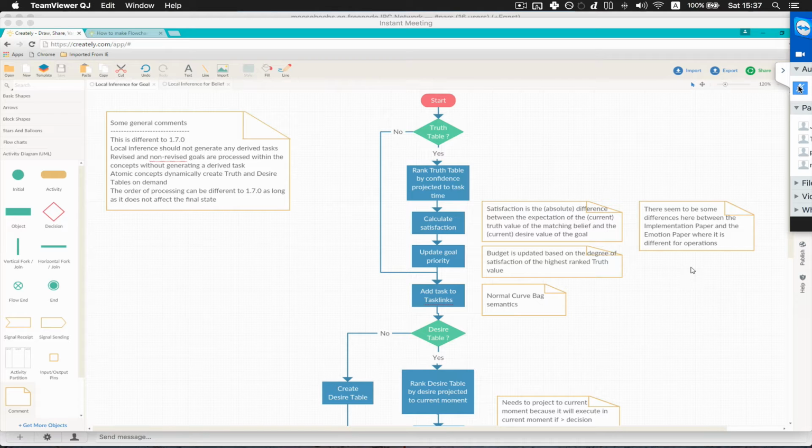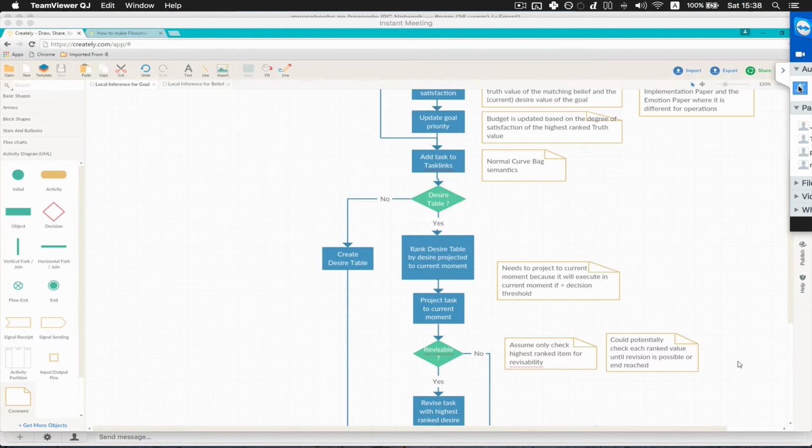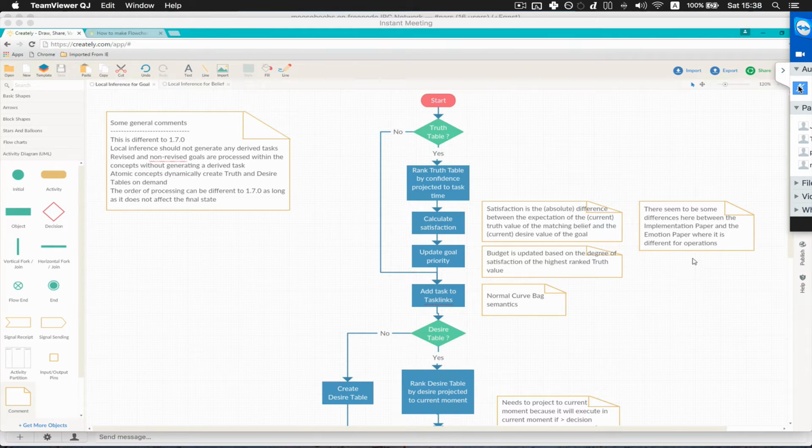Yeah, and there's another issue here as well, in fact, that the value we're calculating the satisfaction for may not be the same one we actually end up executing anyway, because they're ranked differently. This is fine, I think, because it's really sufficient to only update the priority.